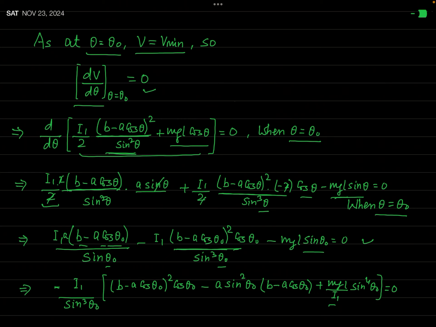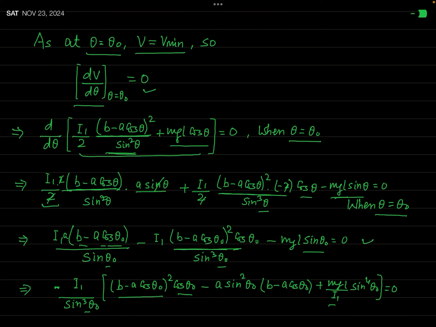Now let us take this minus I1 over sine cube theta naught as a common factor. Then the remaining terms will be what? This will be (b minus a cos theta naught) whole square times cos theta naught. I have written the second term here first.